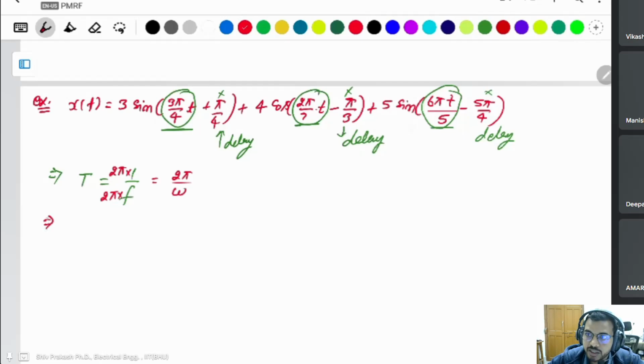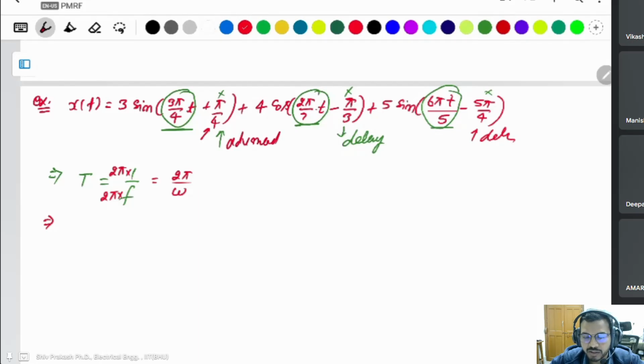Sir, actually, what you have written in the above line is minus pi by 3. Is it delay or advance? This is the delay signal. Advance is this one. No, no, this negative sign is the delay signal, and this is the advance signal.